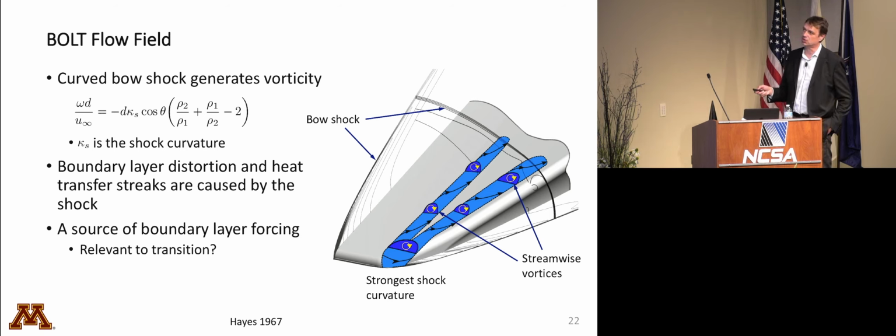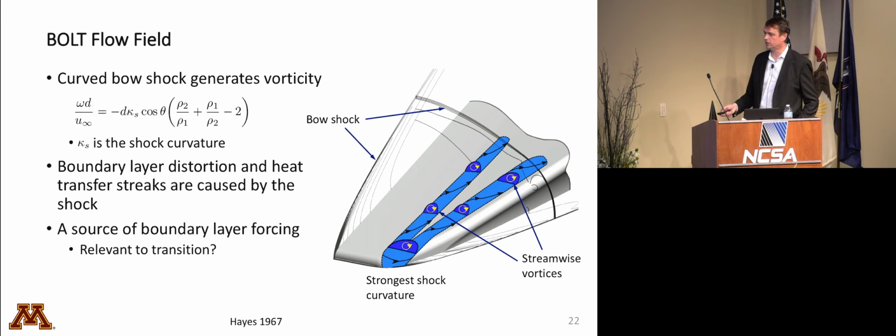Those streaks actually come from physics, and pretty interesting physics. They come from the curved bow shock. There's a nice paper going back to the 60s, but basically there's a derivation that shows for a 2D curved shock, you get this vorticity omega generation. We think we can relate this back to the region of strongest curvature, which seeds these disturbances that flow downstream, distort the boundary layer, and inject a disturbance into the flow field.